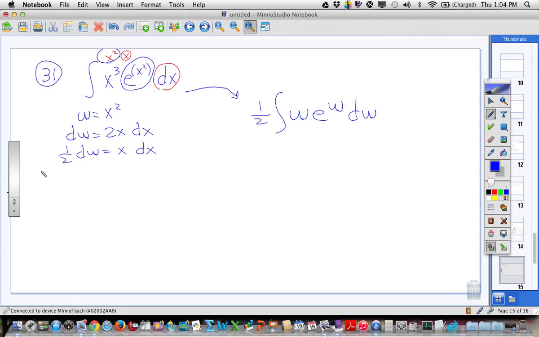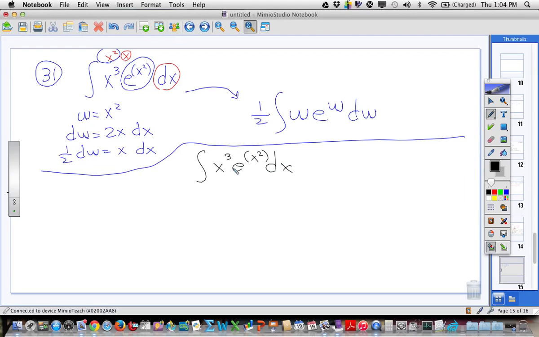Now, Allie, I don't know if this is what you did, but this is what I realized we could have done, and I don't think this is what they intended, and there is kind of an issue with it. See what you guys think. If I let u equal x squared, what would dv be? Well, no, it's got to be everything that's left.